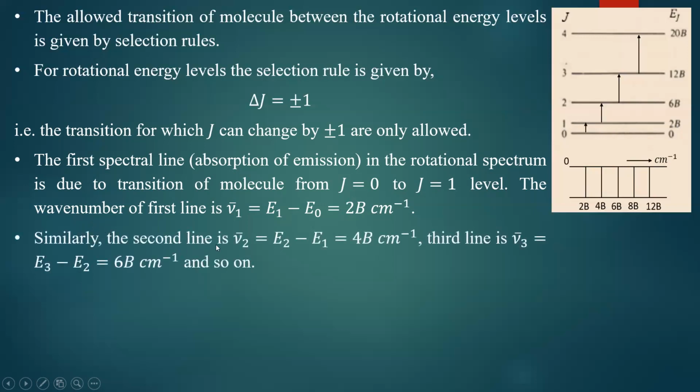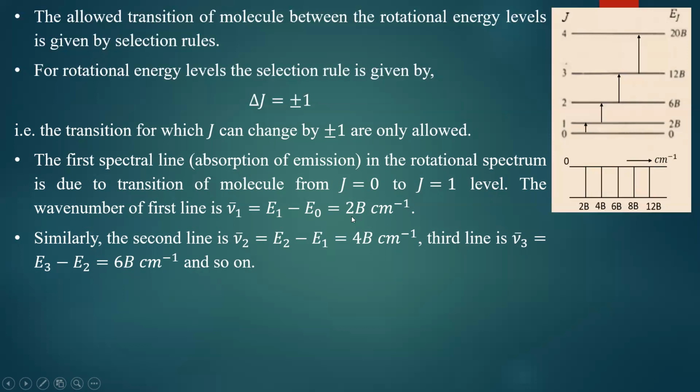Similarly, the second line corresponds to the second transition, that is nu2 bar is equal to E2 minus E1. That is equal to 4B centimeter inverse, because E2 is 6B and E1 is 2B. Then the third line is nu3 bar, which is equal to E3 minus E2, which is equal to 6B centimeter inverse, and so on.